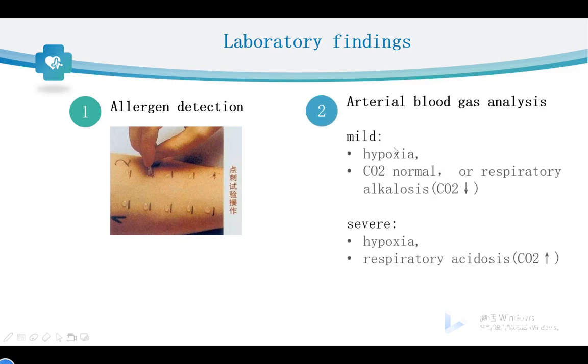The second one is the arterial blood gas analysis. It's a very important examination for the asthma patient to evaluate the severity of the disease. If the patient has a mild condition, maybe we can find the results of this ABG is normal, or just with a slight decrease of the partial pressure of oxygen.